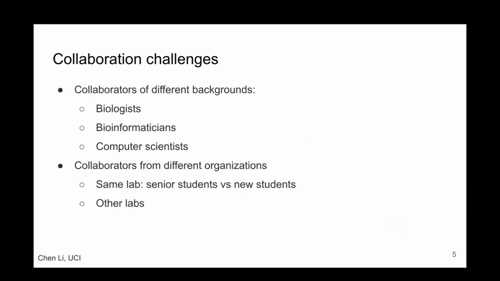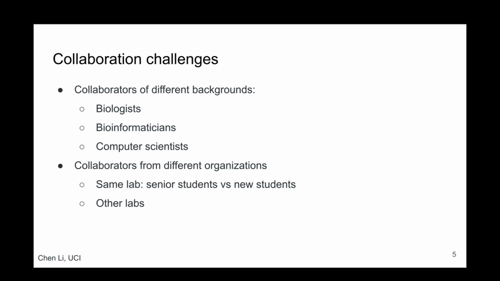Bioinformaticians are good at both biology and computation, but still their deeper understanding of setting up an infrastructure, how to parallelize some job, and even some advanced AI ML techniques, that's not their strength. And there are also some collaborations with people like my team who are from computer science.